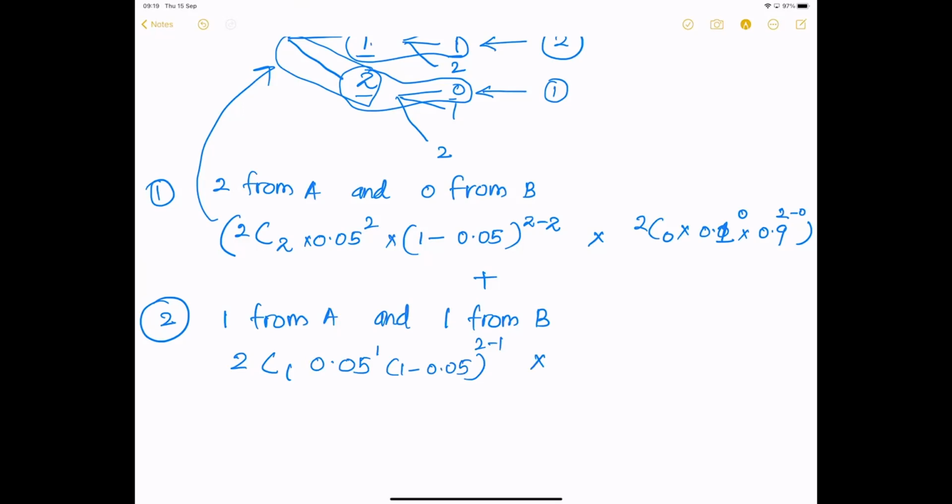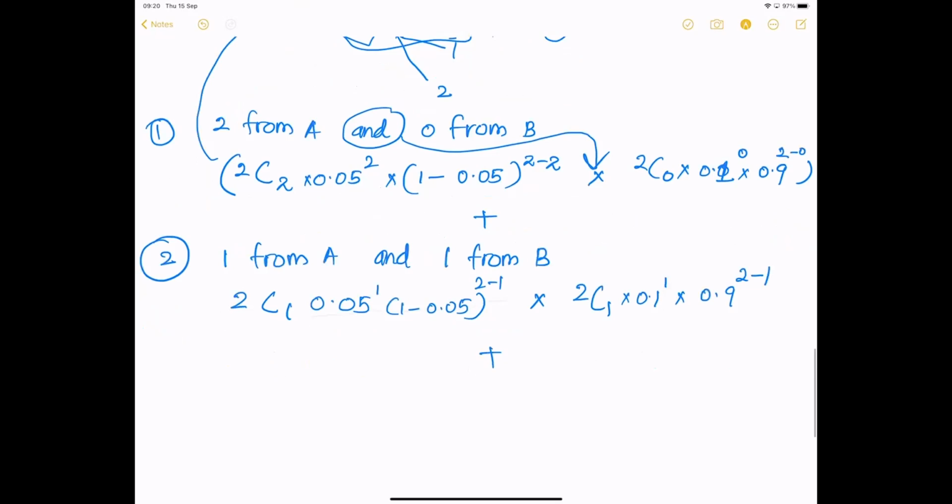And, right? And refers to this multiplication, 1 from B, right? What is the third option?